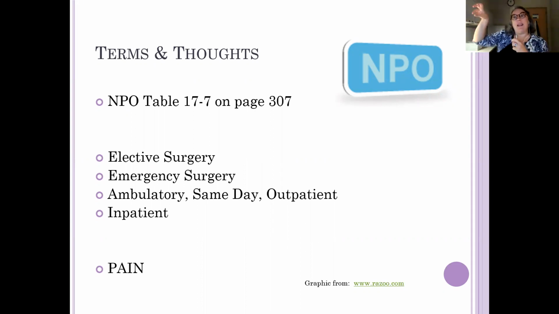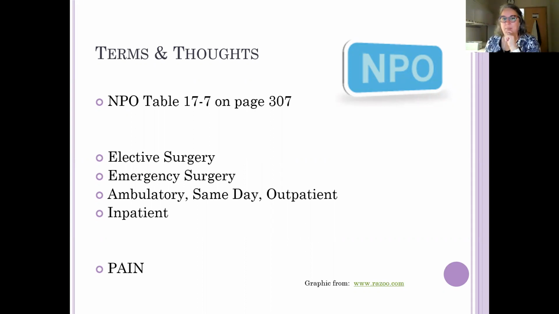But when people are getting transported to the emergency room, whether it's their family member or the client themselves, somebody needs to tell us, hopefully, or have an idea about when the last time they ate. There are different precautions that anesthesiologists and CRNAs can take, depending upon what time they ate. But we do need to know what the last time they ate was and kind of have an idea about what they ate too.